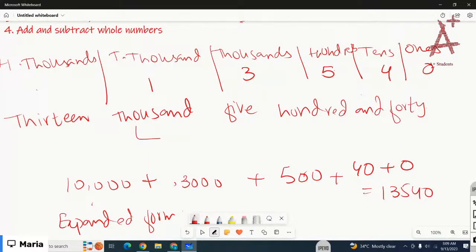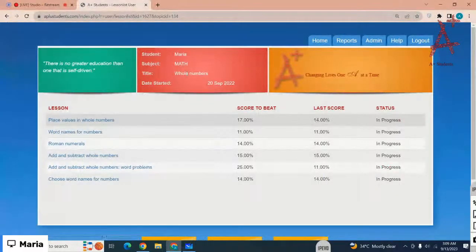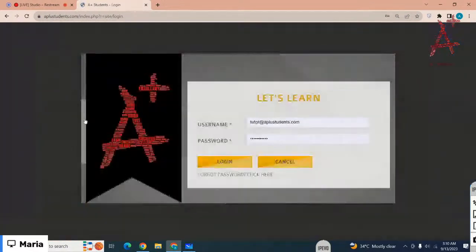So that is the expanded form, right? Let's go to A plus and do the practice questions from these lessons. Here I am on the grade 6 maths. The chapter we're working on is whole numbers. The first lesson is place values in whole numbers.